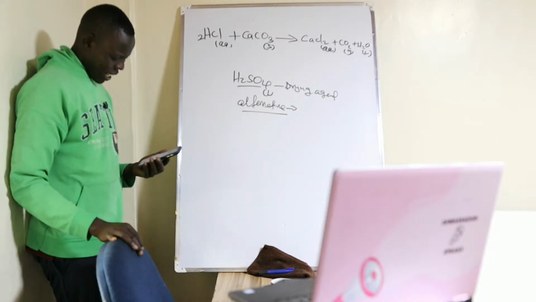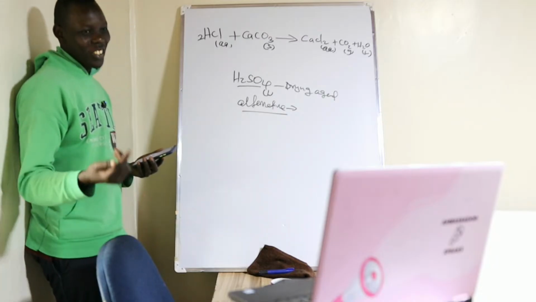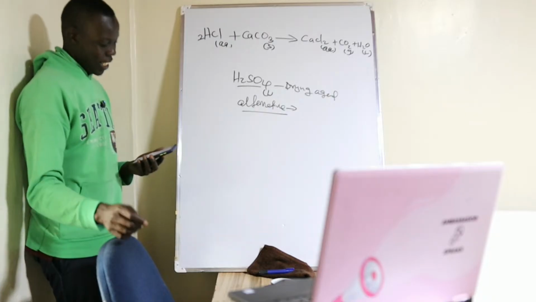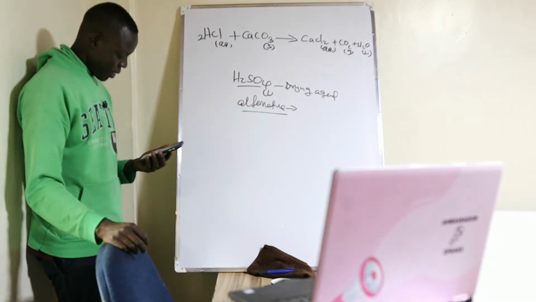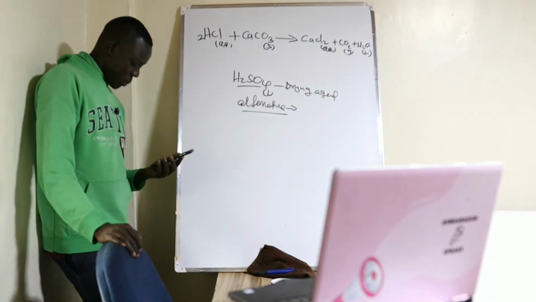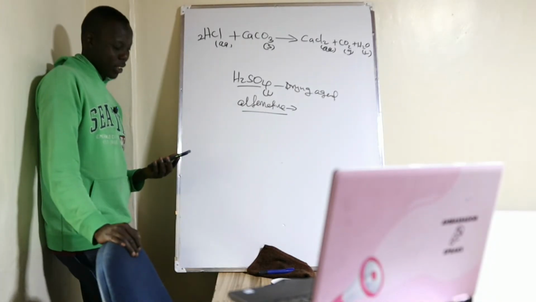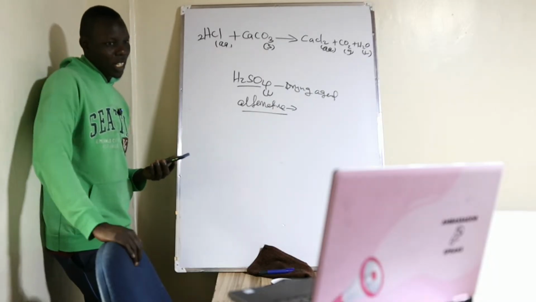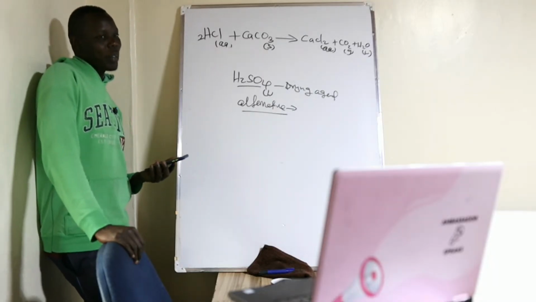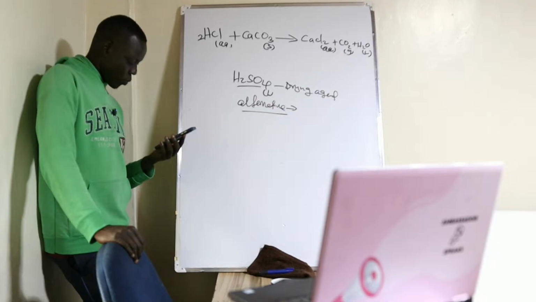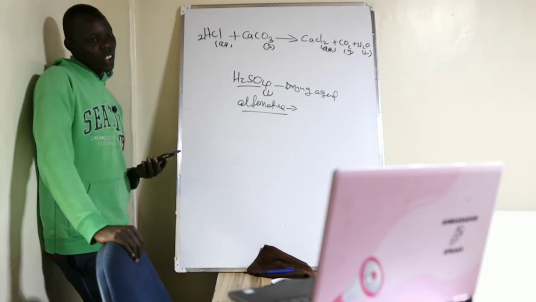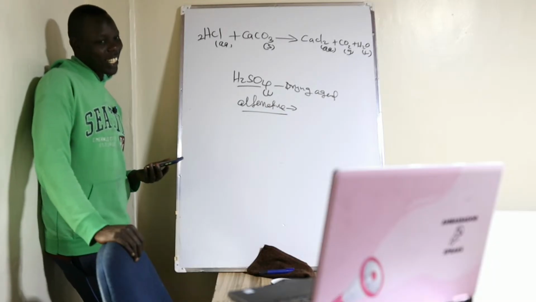Melvin asks calcium chloride. He's also asking me a question, yet I am the one who asked the question. Mkuu says sodium hydroxide. When did sodium hydroxide start being a drying agent?